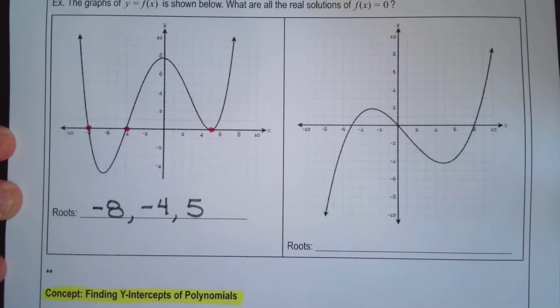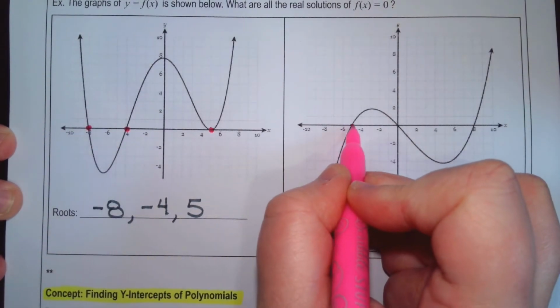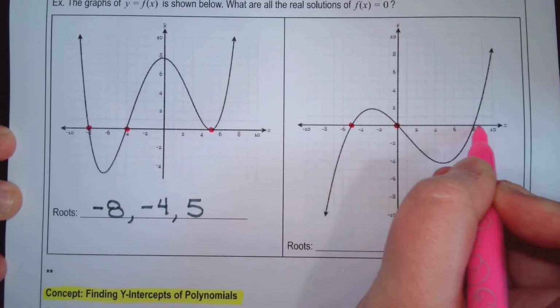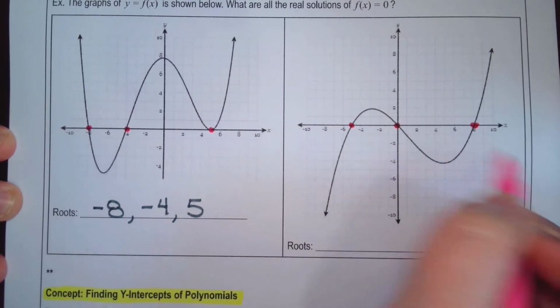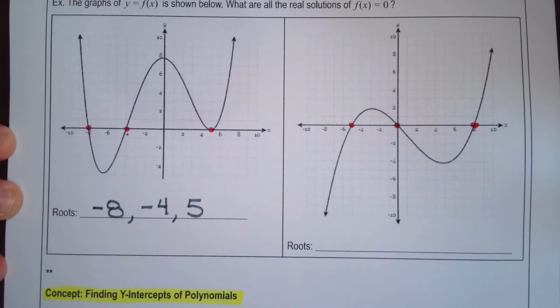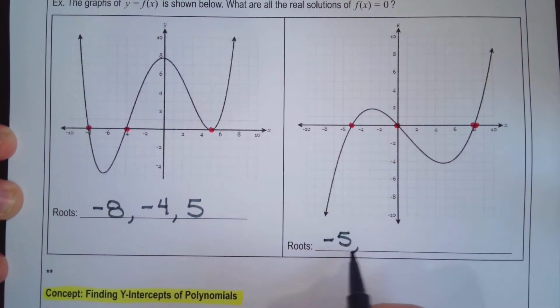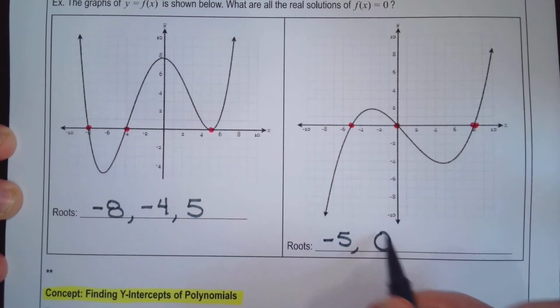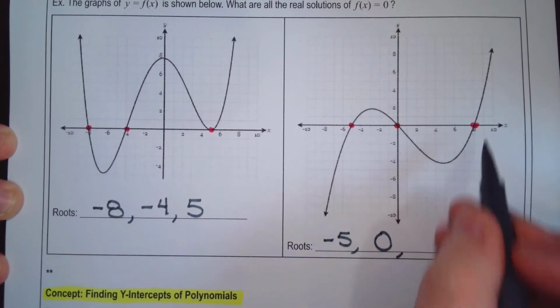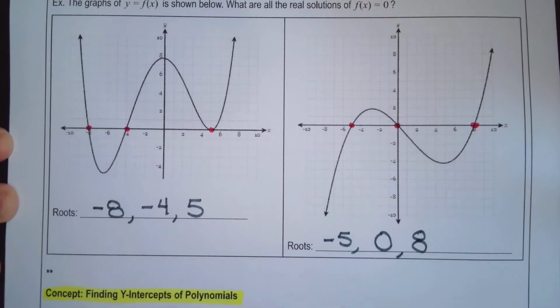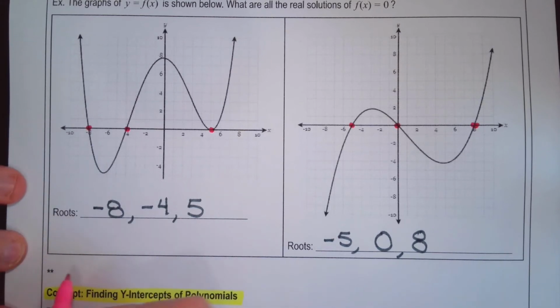For our next one, again, we just identify on the graph our x-intercepts. Here we have 3 x-intercepts, and now we're going to identify them. The first is at -5, the second is at 0, and the third is at +8. Now, as you may notice, I just listed them as numbers. I did not list them as points.